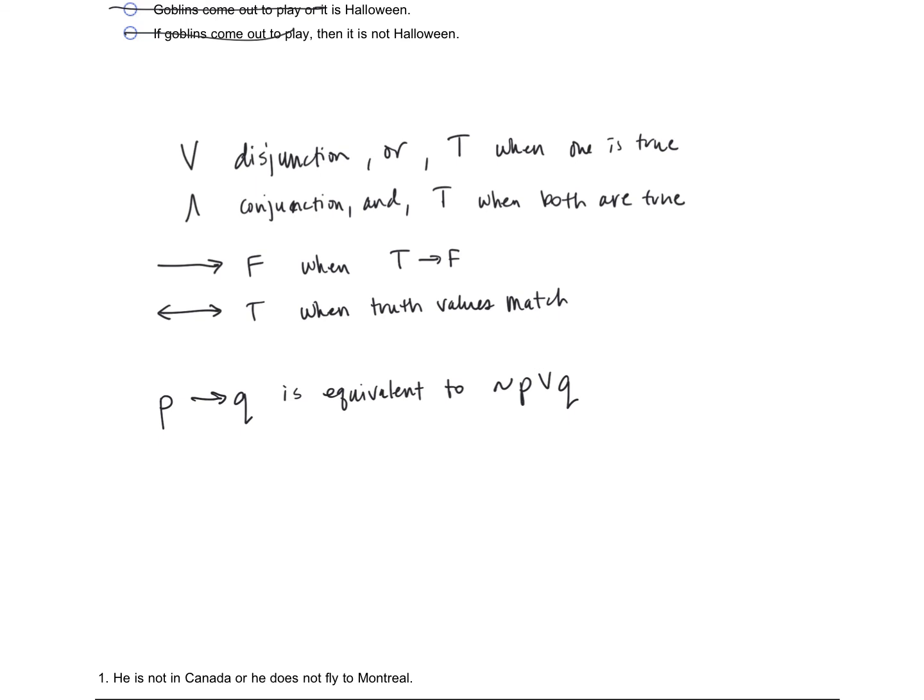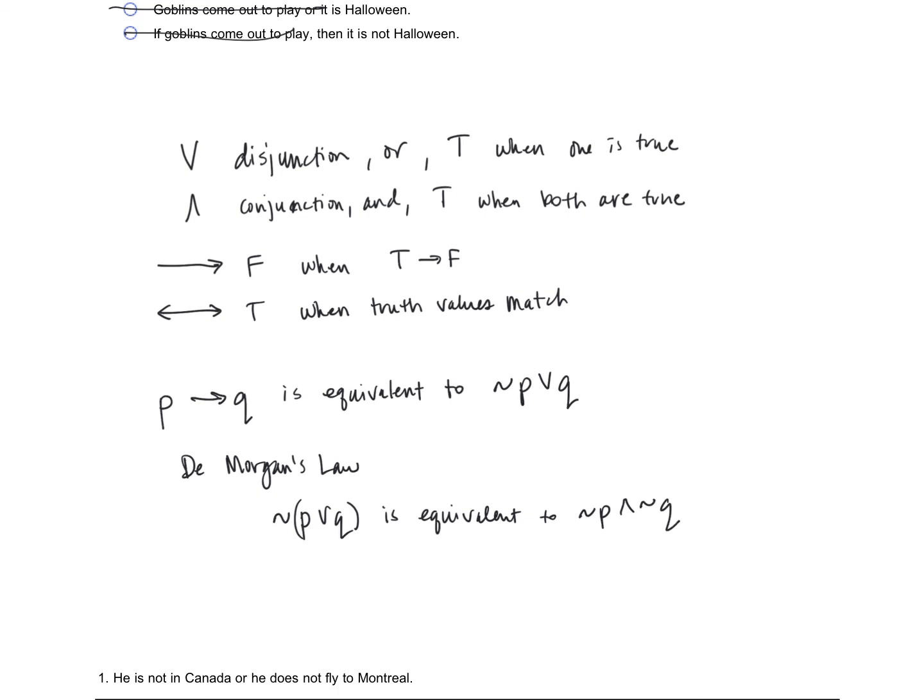And then the last thing is De Morgan's law. Okay, so De Morgan's law is if you're taking the negation of P or Q in parentheses, that's equivalent to not P and not Q.